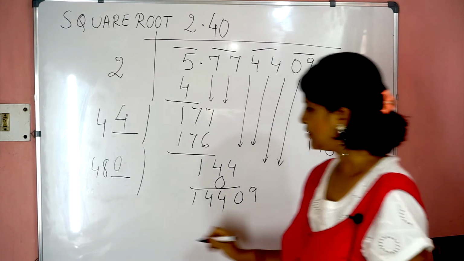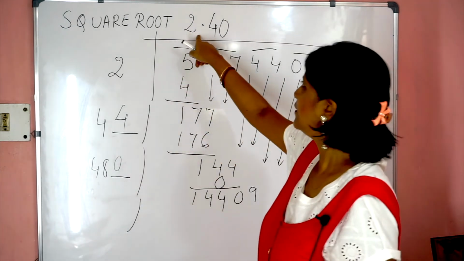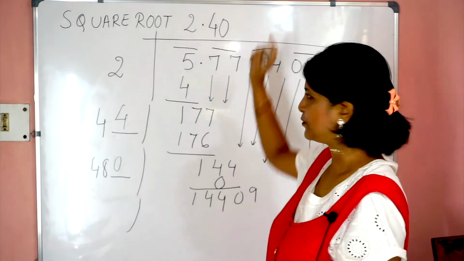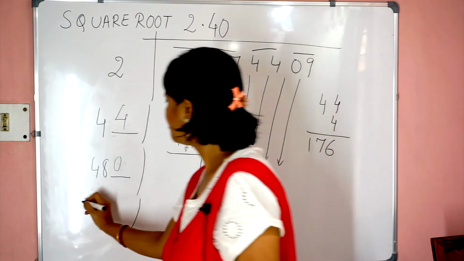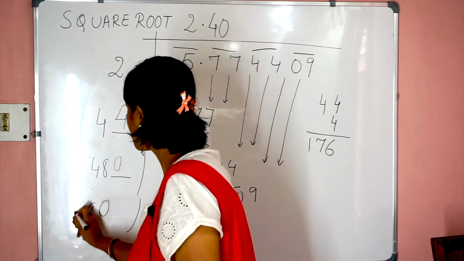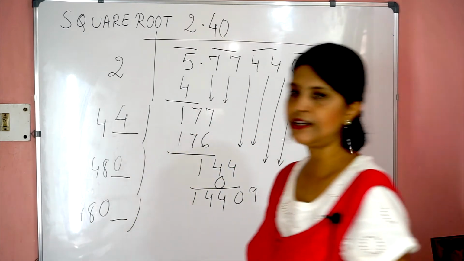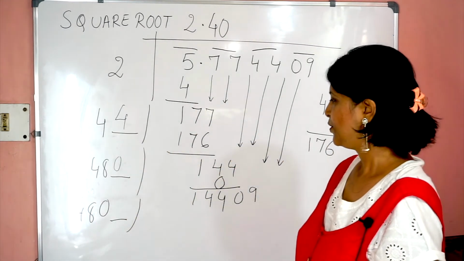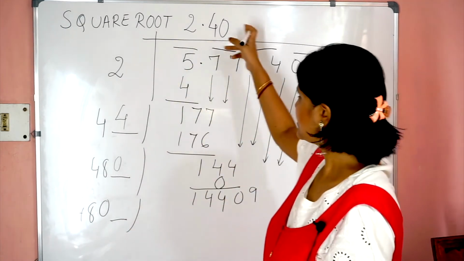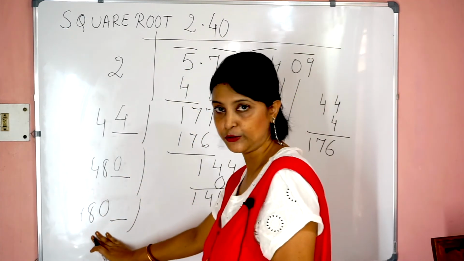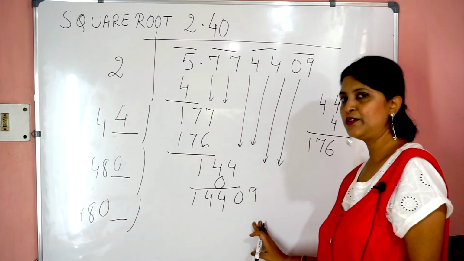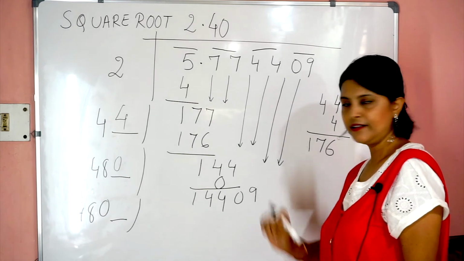And the new divisor, children, here double of 2, 4, 0 will again give me 4, 8, 0, right? So what should be written in this empty space now? The largest digit which can become the new quotient, and the new quotient multiplied by the new divisor should give me, you can see, 14,409, or a value just less than it.